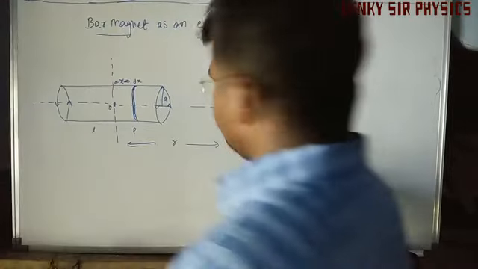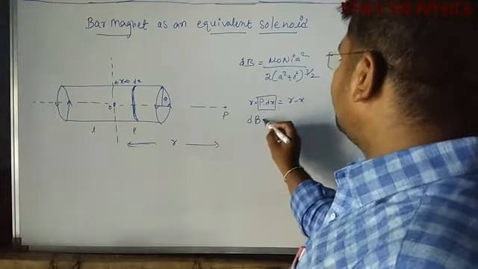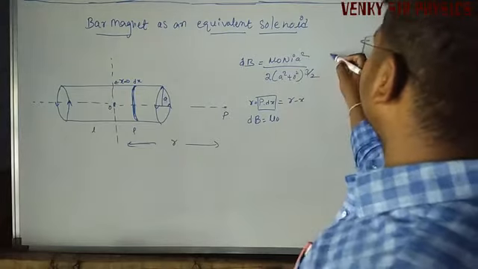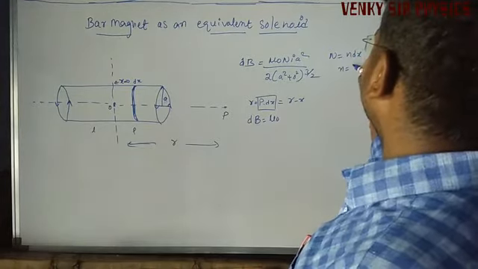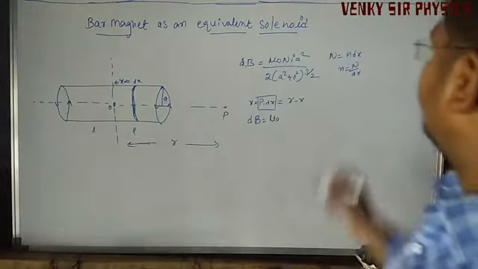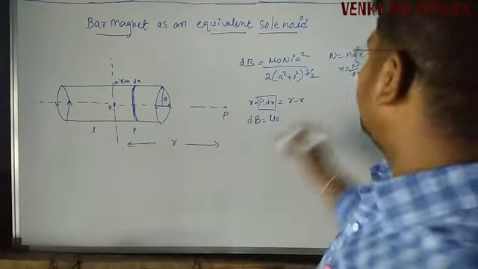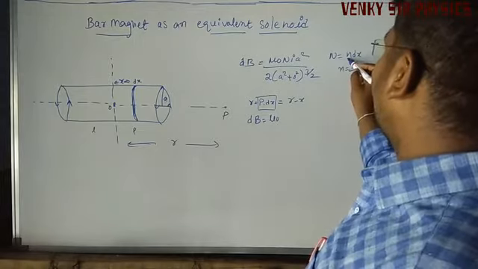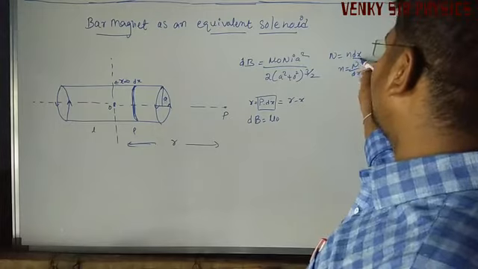Now dB is equal to mu naught, and instead of N we write n into dx, where n is the number of turns per unit length. So the number of turns is the number of turns per unit length times the small infinitesimal length.